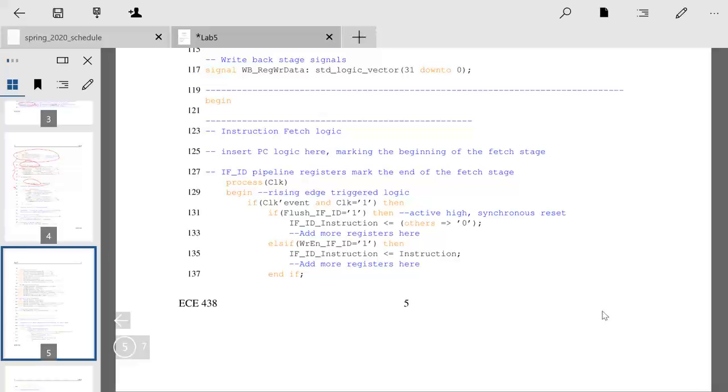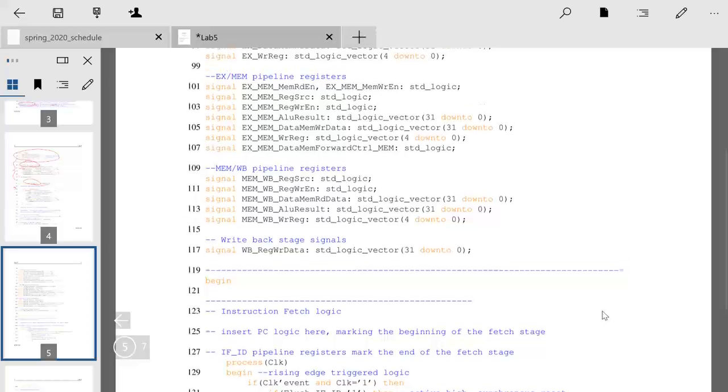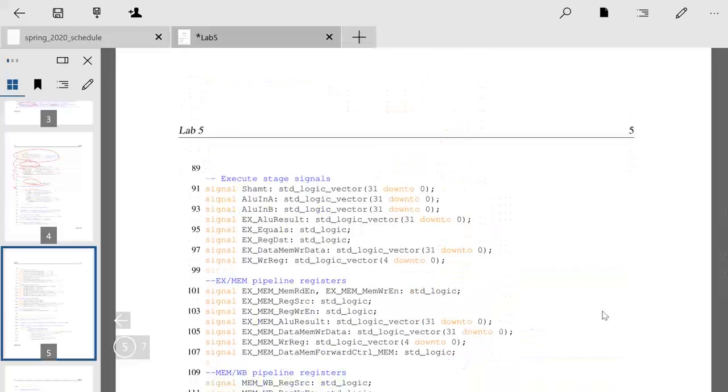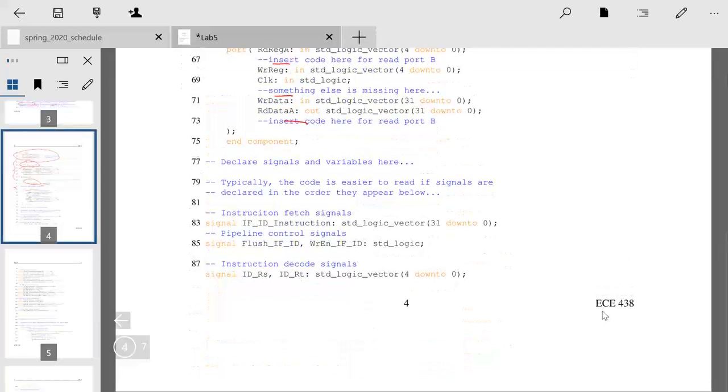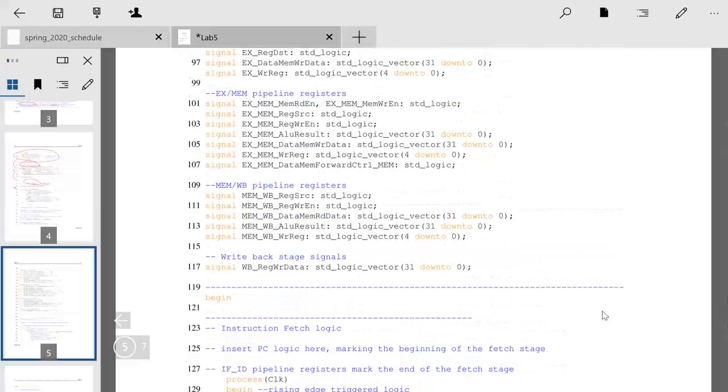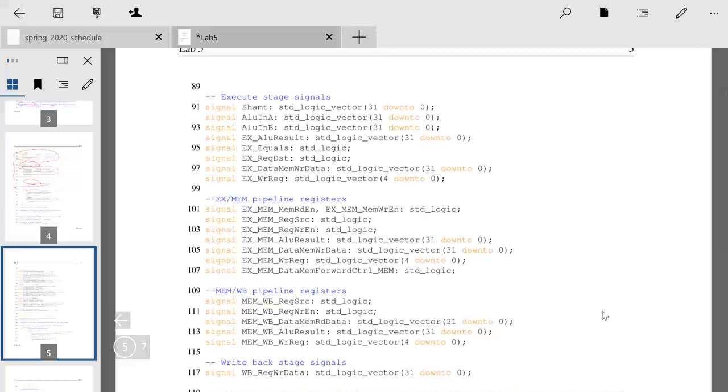It's impossible for you to know a priori what all the signals are going to be, because you'll know as you start to write the code. Here are a number of examples, but don't think that this list is complete. I probably left a lot more signal declarations in here than normal, because I wanted you to follow this naming convention, so I almost named a lot of the signals for you.